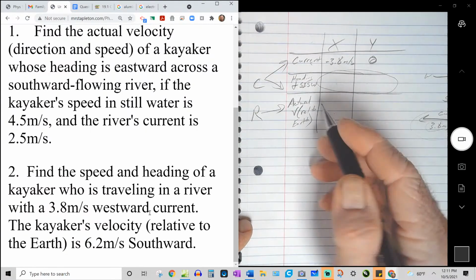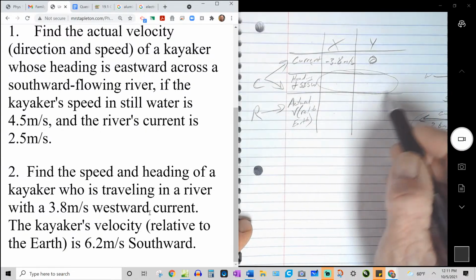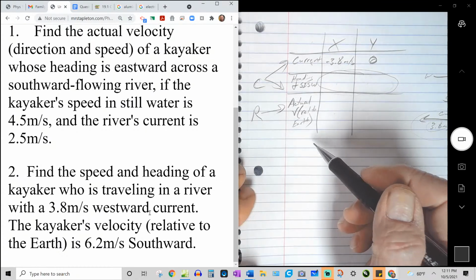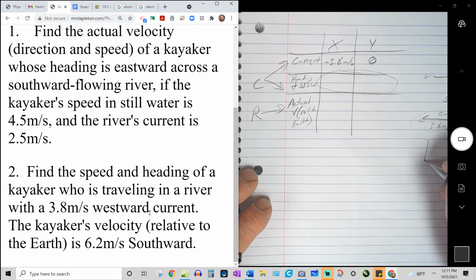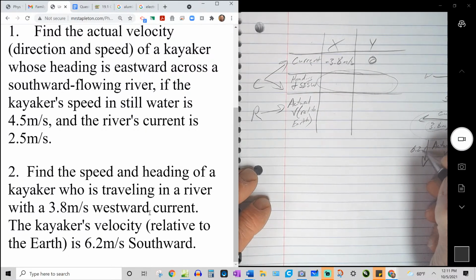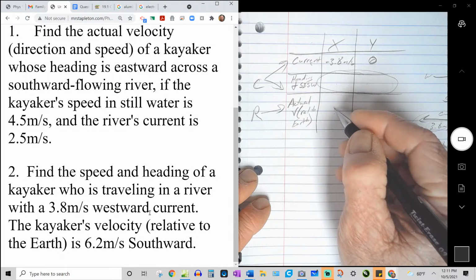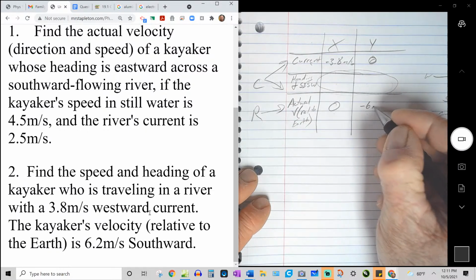Zero. And this we're not going to know. We're going to get the actual velocity. The kayaker's velocity is 6.2 meters per second southward. So this is the actual v, and this is 6.2 meters per second. So in the y dimension, this is negative. There's no x component, so I have 0, negative 6.2.